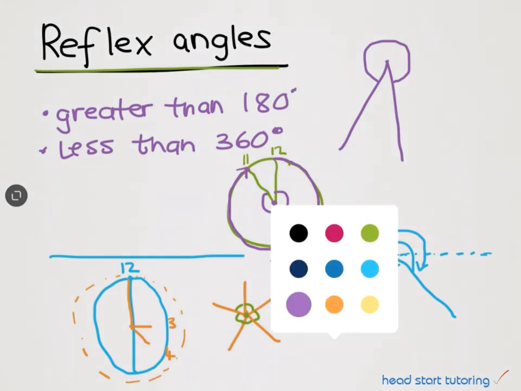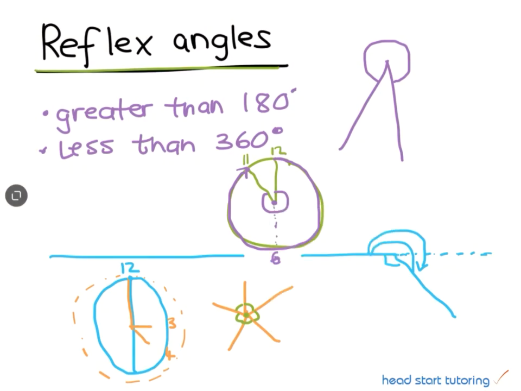So what type of angles are reflex angles? Or let's give some examples. So greater than 180, so 181 degrees will be a reflex angle. We could also have 195 degrees.